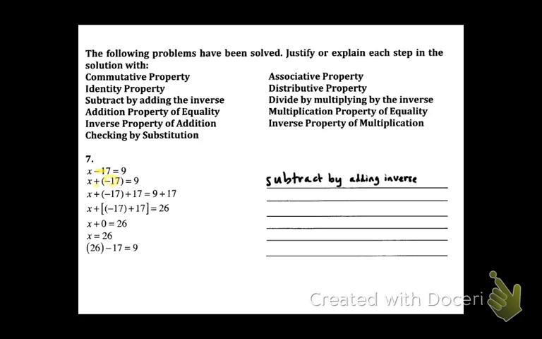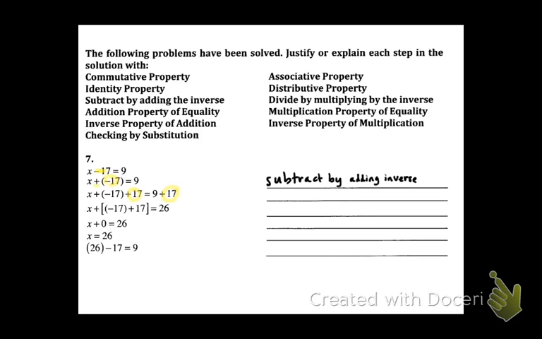So the next step here, you're adding 17 to both sides. When you add something to both sides, it's a property of equality and it's adding to both sides.